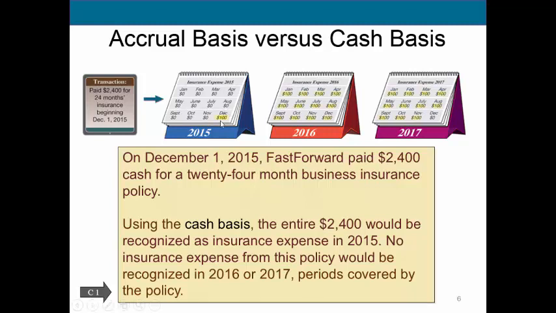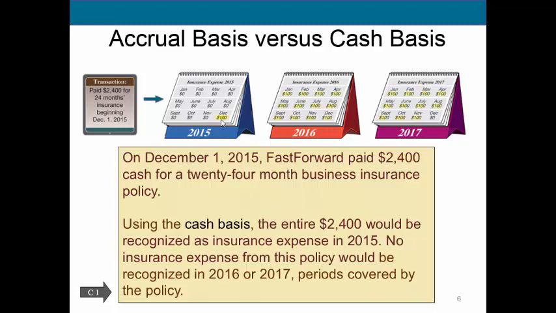But in truth, does that make sense? Because they're telling us this policy, we're paying it at the end of 2015, and we're going to use it during 2016 and 2017. So this is where we're going to get the benefit. So it really doesn't make sense to recognize everything in 2015, and that's why we use accrual-based accounting.